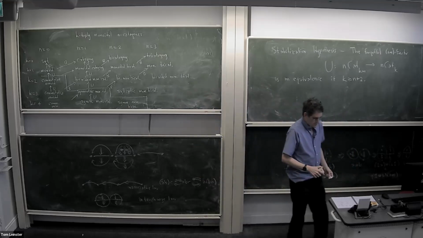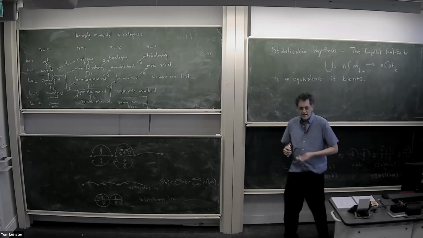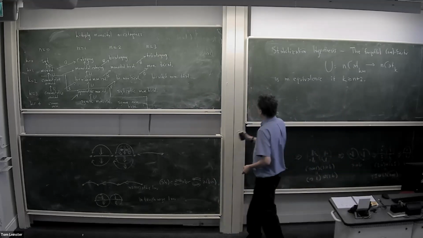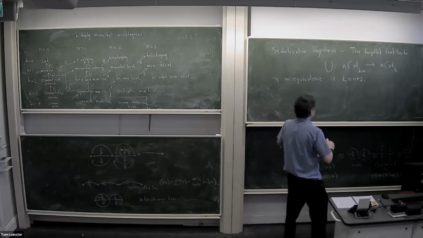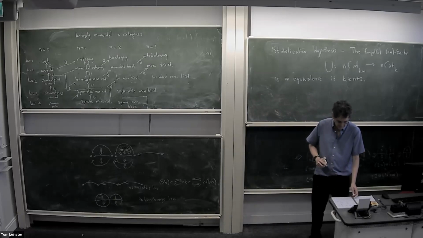Instead, he proves a version of the stabilization hypothesis for n categories that are algebras of an E_k operad, and shows that when k gets big enough, then increasing k further doesn't change anything. So yeah, very much so.